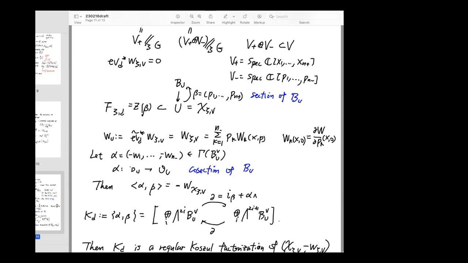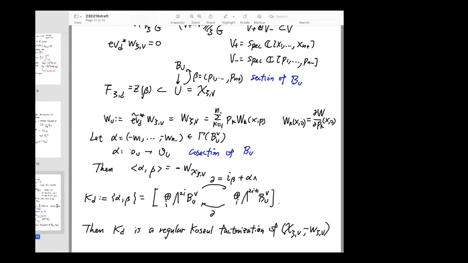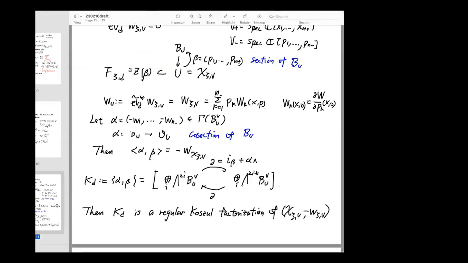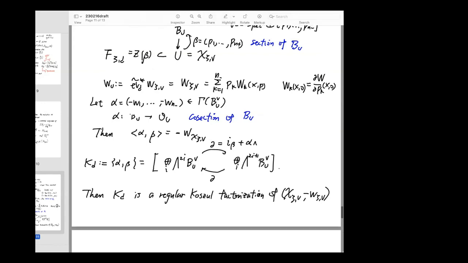This is a cosection, and following Favero and Kim, the pairing with this cosection gives the factorization of the superpotential. So we take this Koszul factorization, and this Koszul factorization is actually a regular Koszul factorization of X with the negative superpotential on this connected component of the inertia stack.